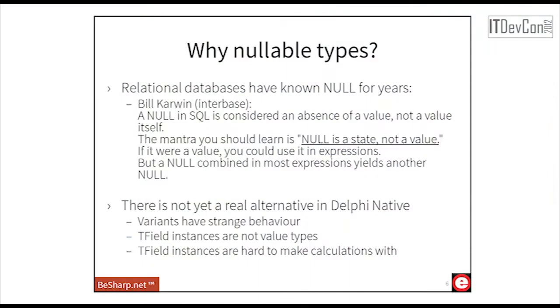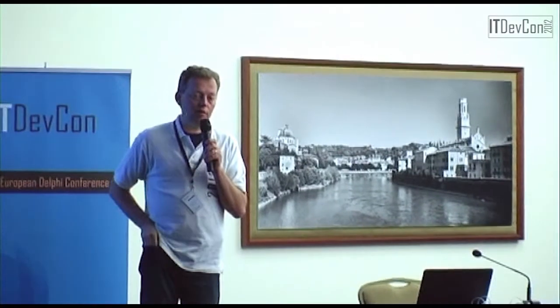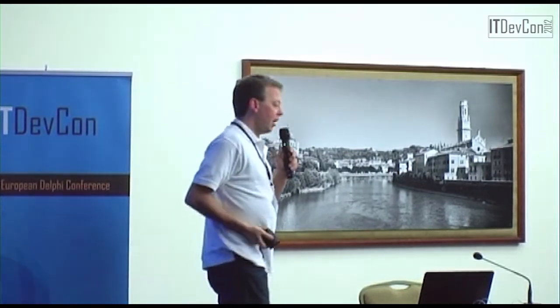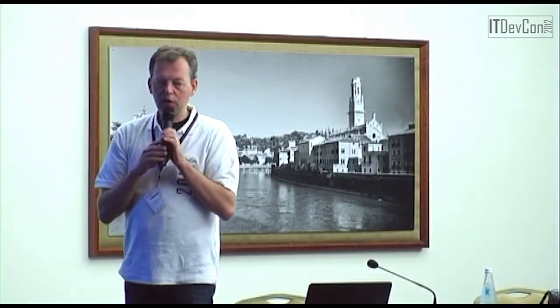There are currently many languages in the .NET arena that allow nullable values, and other languages that have similar behavior, and people have a hard time working on that. So Delphi native doesn't do it. The .NET version of Delphi does it.